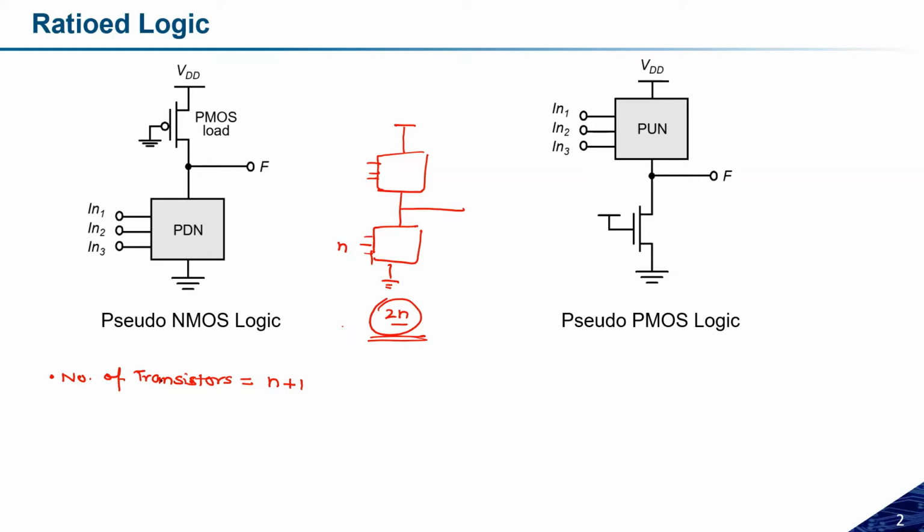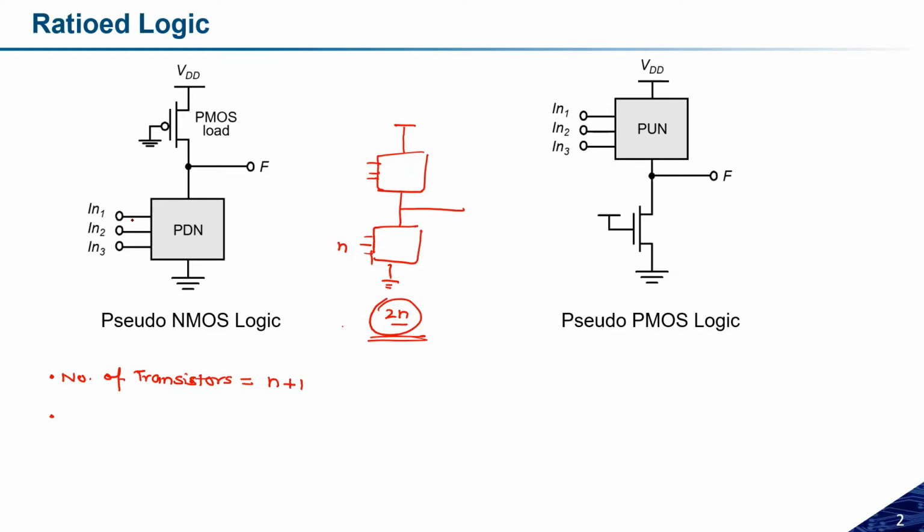And of course, these logics are inverting in nature. Inverting in nature means we can implement a NAND gate, NOR gate, and inverter. We cannot implement an OR gate or AND gate.